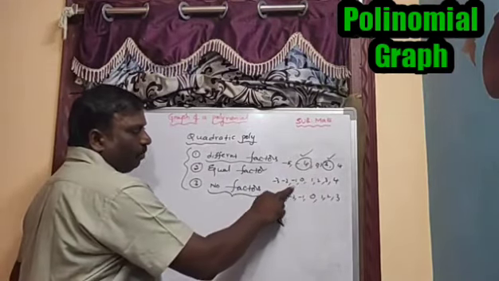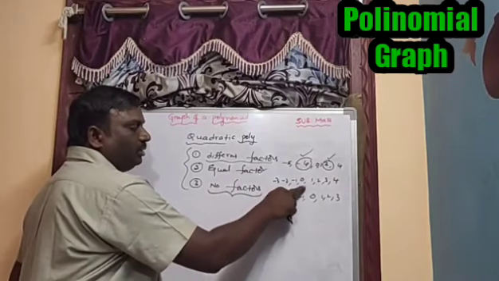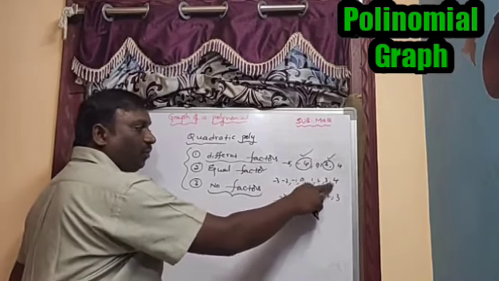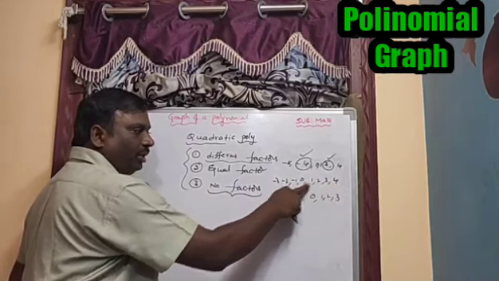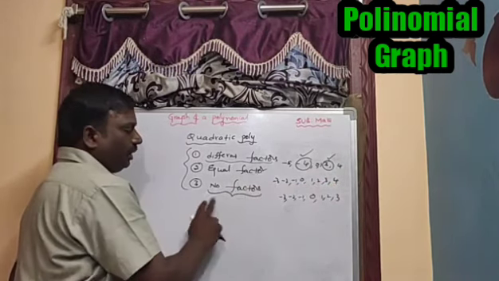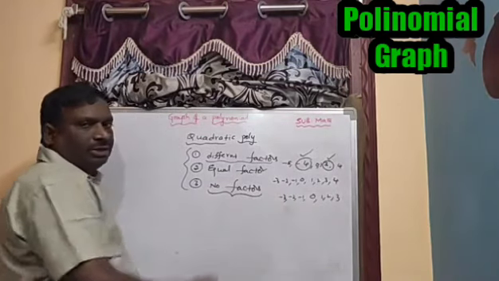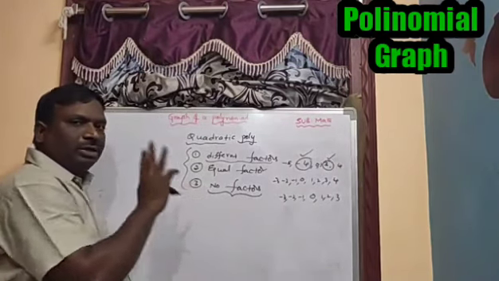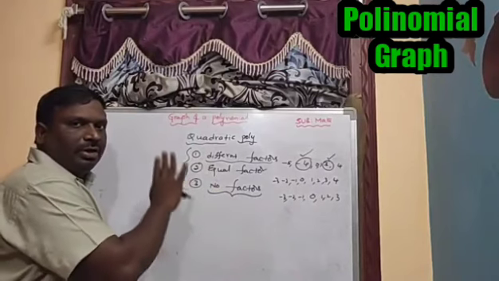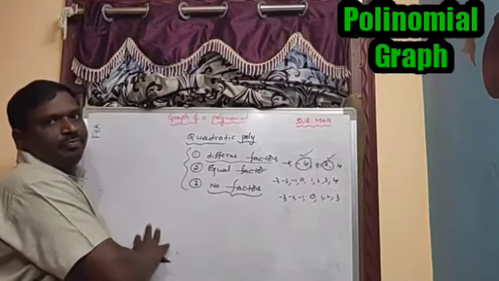For equal factors, 4, you have to take up to 4, and up to minus 3 or minus 4. If there are no factors, 0, then 1, 2, 3, minus 1, minus 2, minus 3. These are the three cases we have in a quadratic polynomial graph.